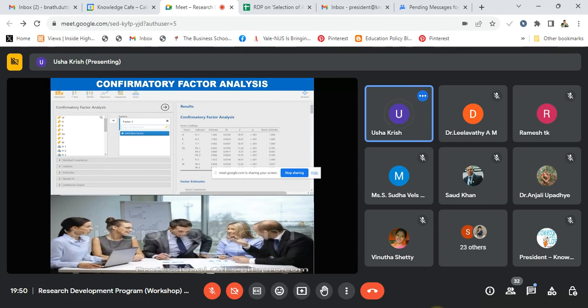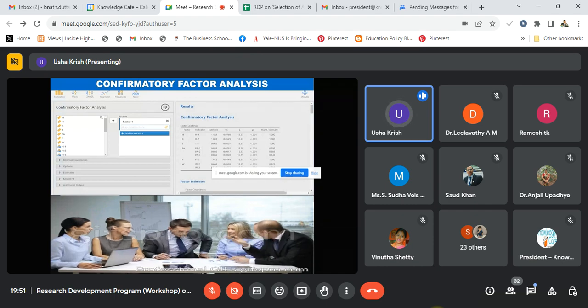Okay. Now, what is CFA? The distinctive feature of CFA is that the factors come from theory and not from statistical results like EFA.